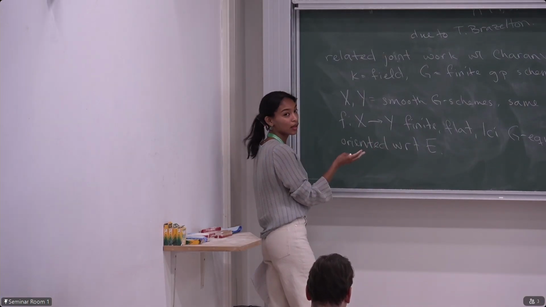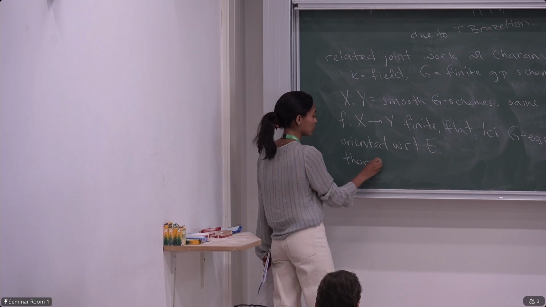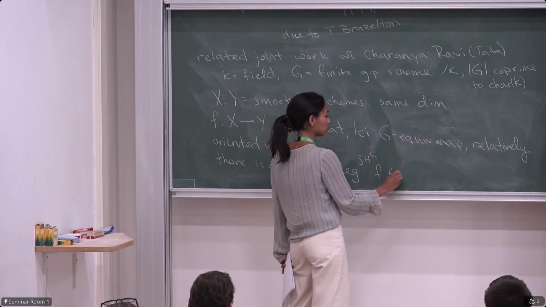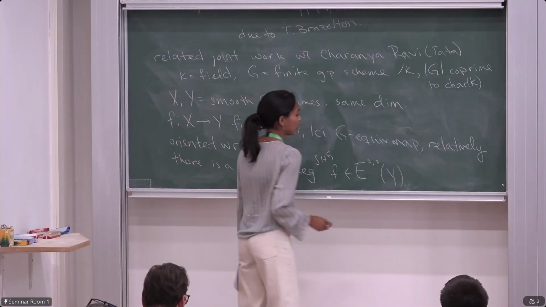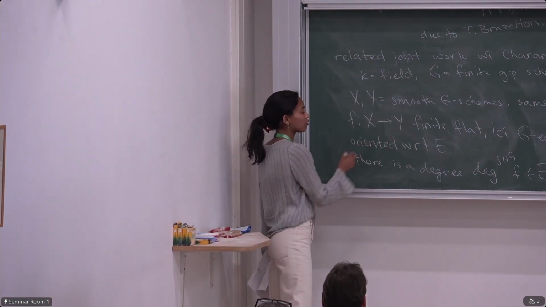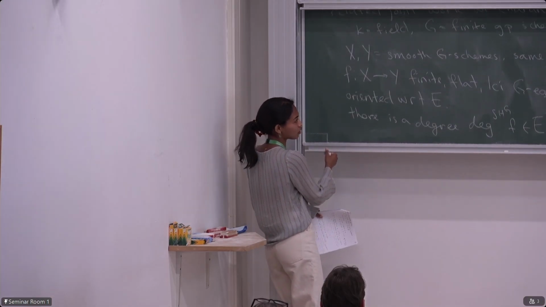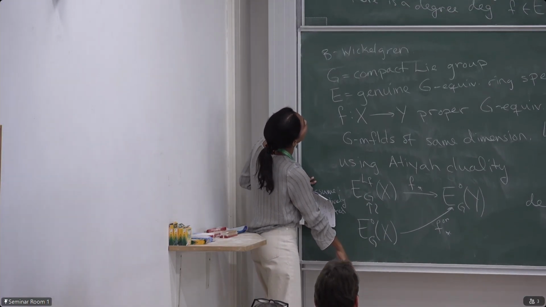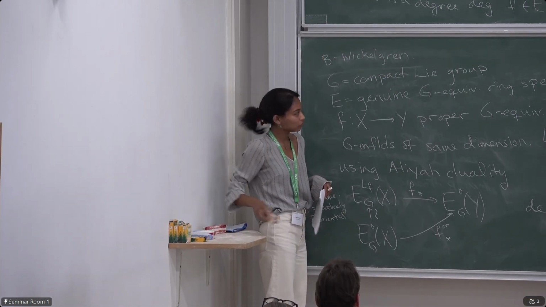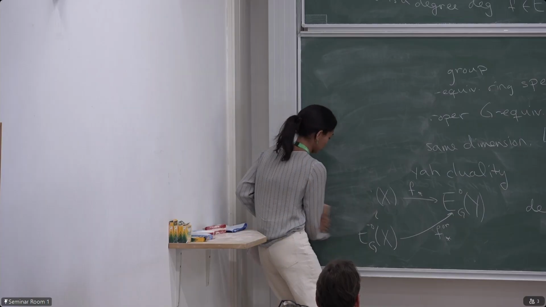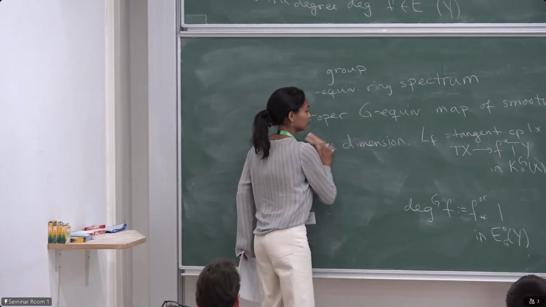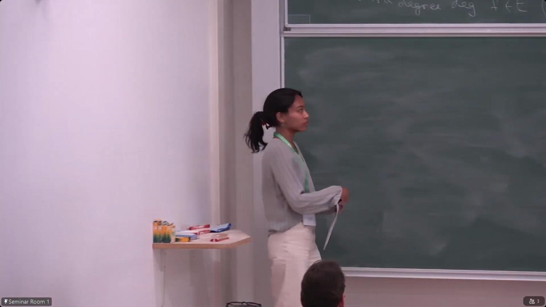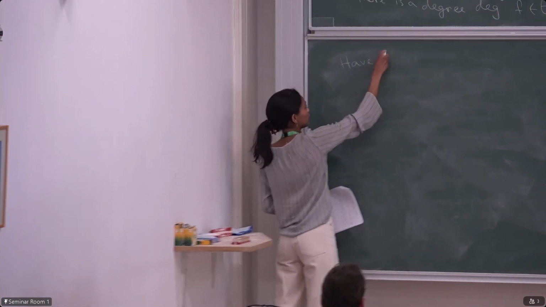So there is a degree in the cohomology of Y. And you can compute it locally when you have a regular value that's closed, whose orbit is closed, and all points in the preimage have separable residue field extensions. So you have local degrees.